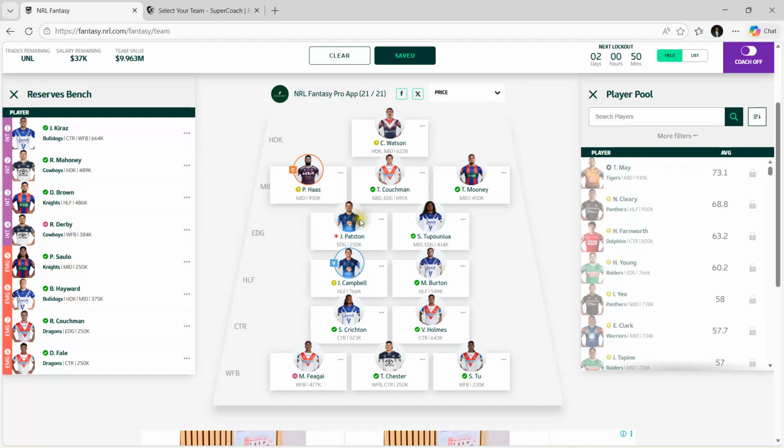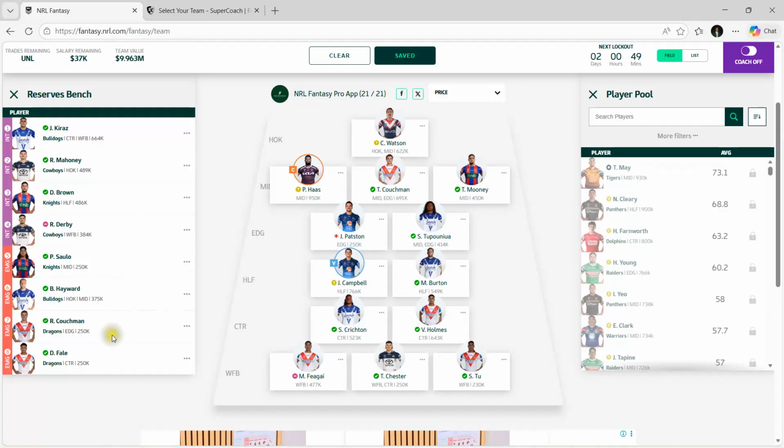Okay. Same with the edges. Our highest prioritised edge is Couchman. Okay. Highest prioritised centre over here is Carraz, who's also our highest prioritised wing fullback.